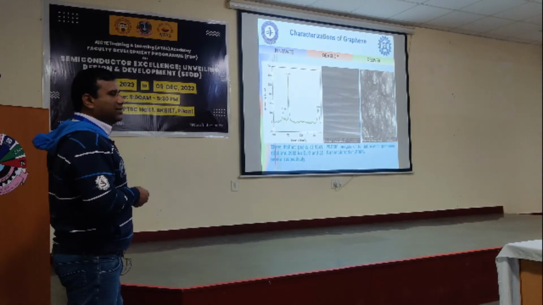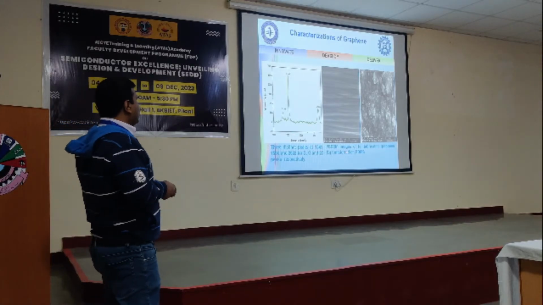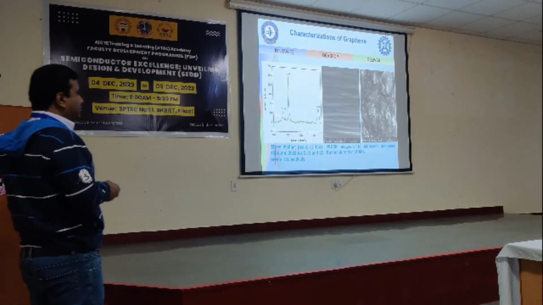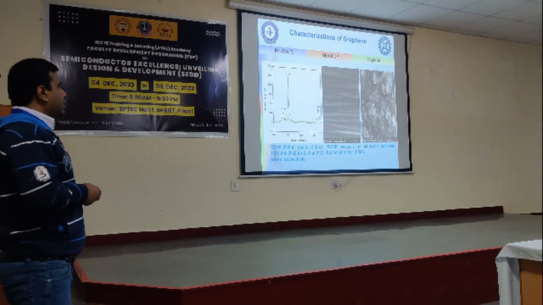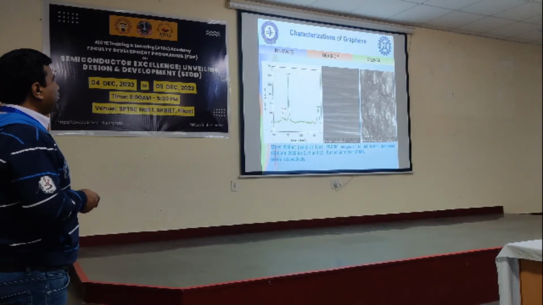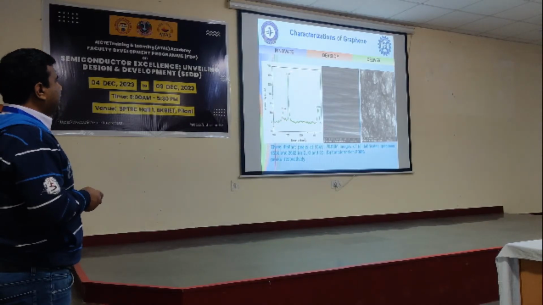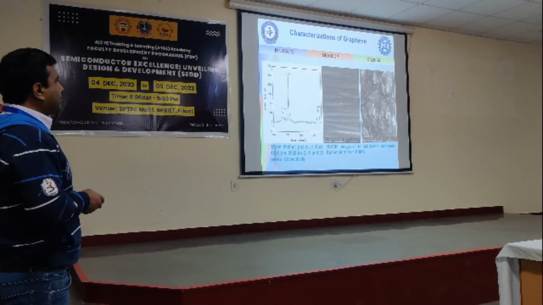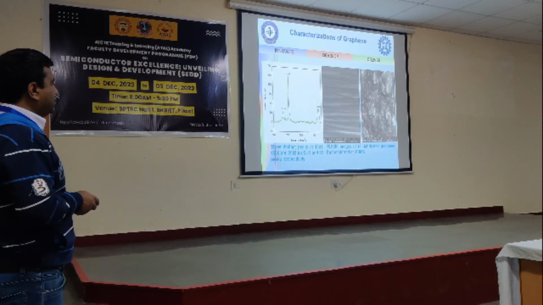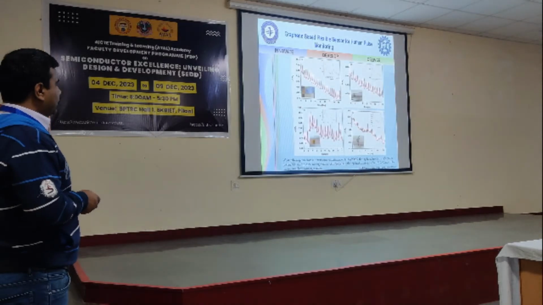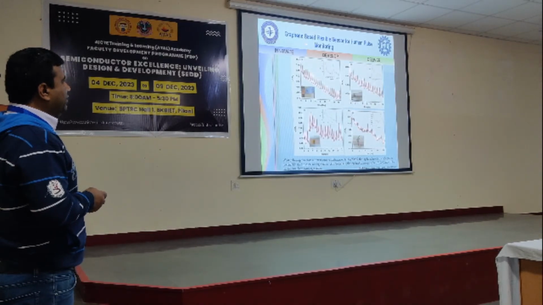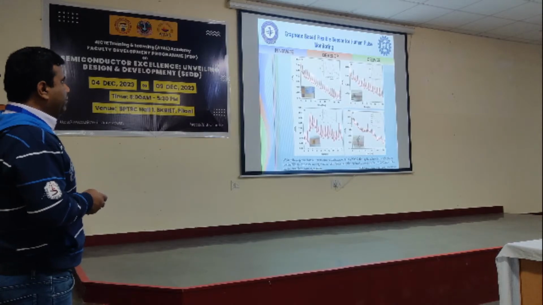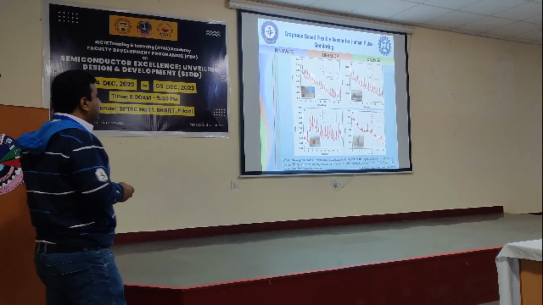Now the analysis of graphene by Raman analysis is for the material confirmation test. You see so many peaks are present, D band and G band. These peaks ensure that your material is nothing but graphene, and this is your corresponding FESEM images of the graphene.